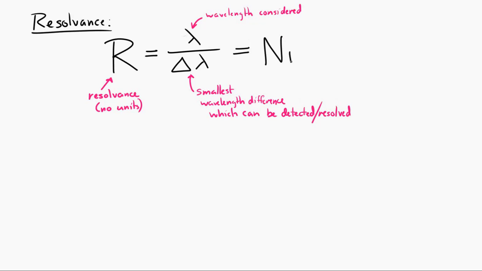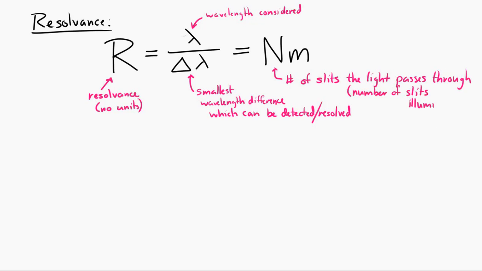This is equal to capital N times m, where capital N is the number of slits that the light passes through. Sometimes they say the number of slits which are illuminated, because that's how many slits the light passes through. And m is the order of the diffraction pattern, so m equals 1, m equals 2, m equals 3, and so on.